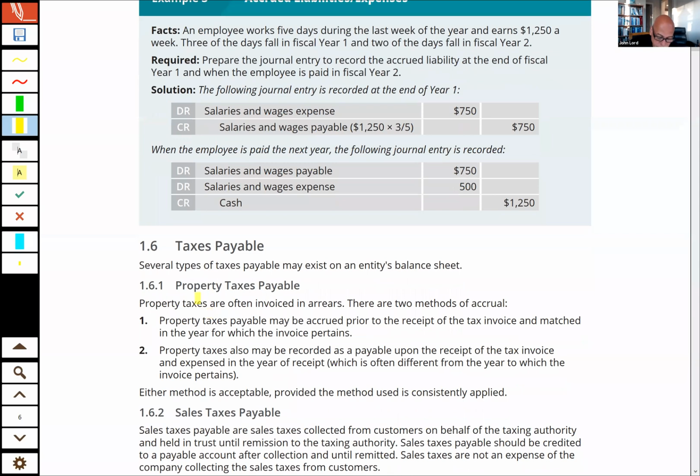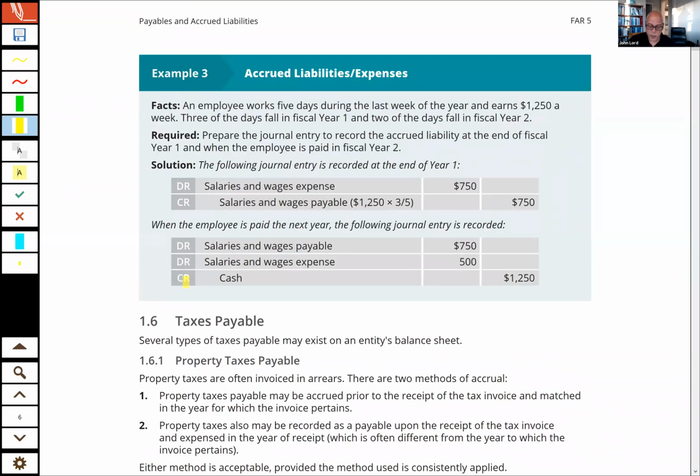Oh, actually, this is something worthwhile here. Okay, let's look at it. Notice that when they accrue the wages payable, okay, they go ahead and they accrue it, and then, well, no, that's really too easy for you, but let's do it anyway.